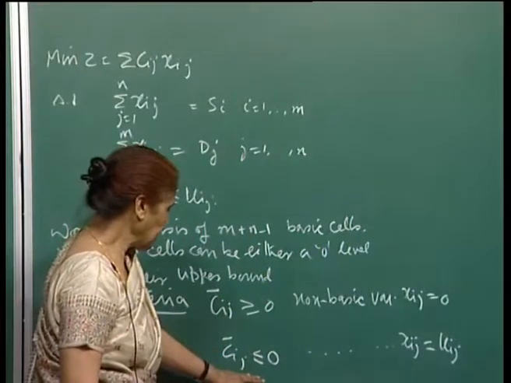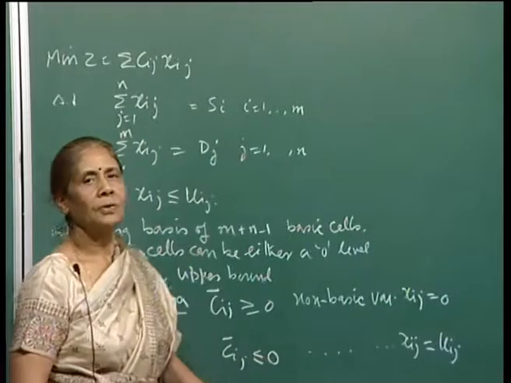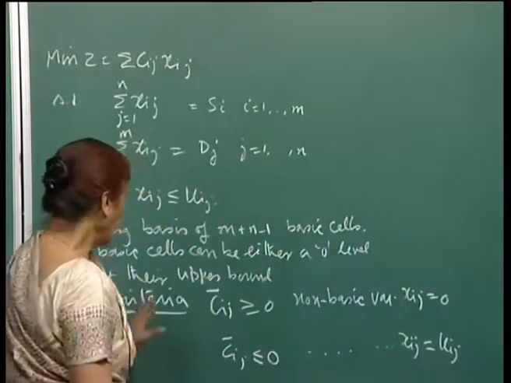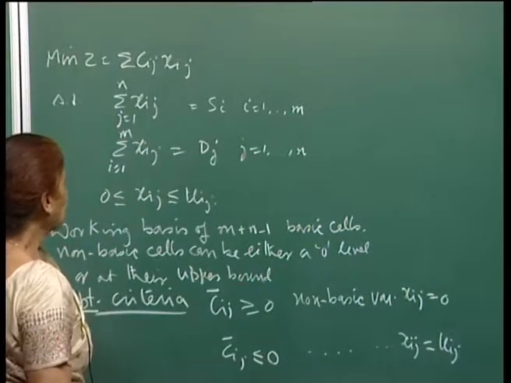So, the optimality criteria for a non-basic variable at its upper bound will be Cij bar less than or equal to 0. All that holds as for the simplex algorithm.